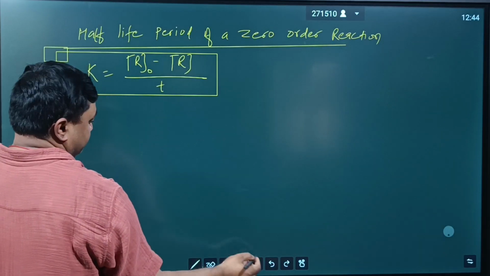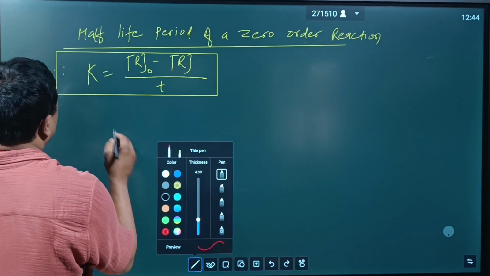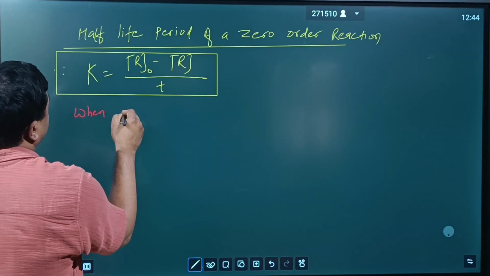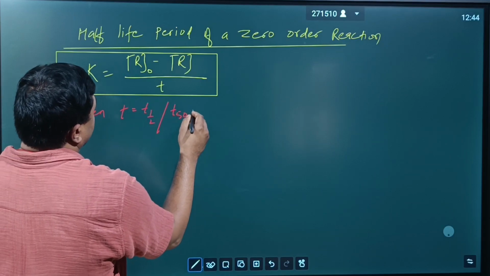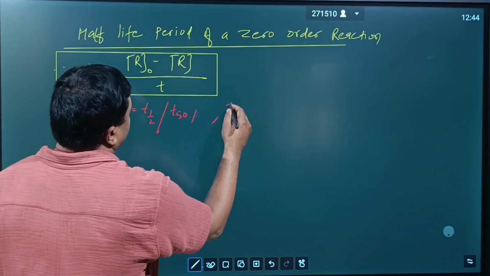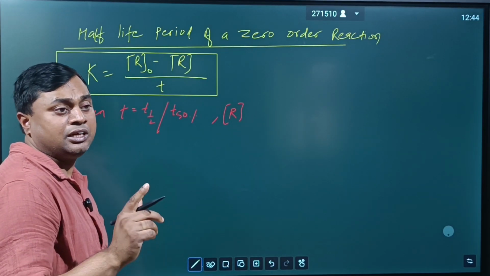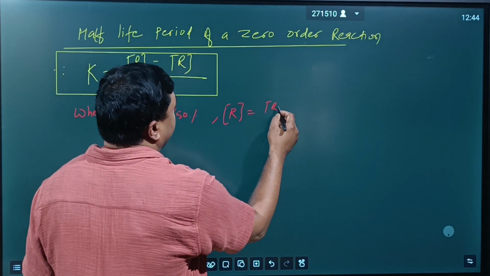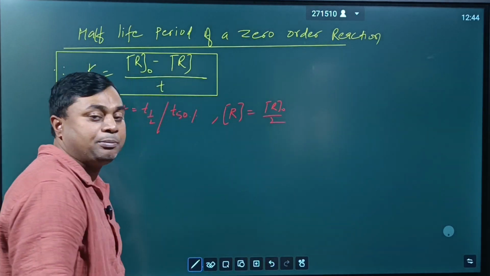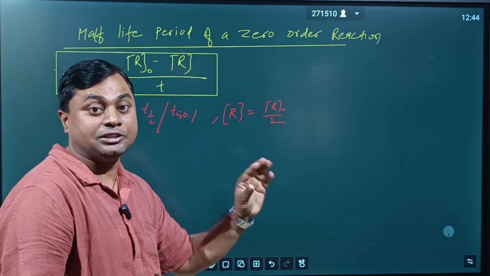When T is T half, or we can write T 50%, what happens to the concentration of reactant? It will be reduced to 50%, meaning it becomes R naught by 2. So the final concentration is R naught by 2. 50% is consumed, so 50% will remain.